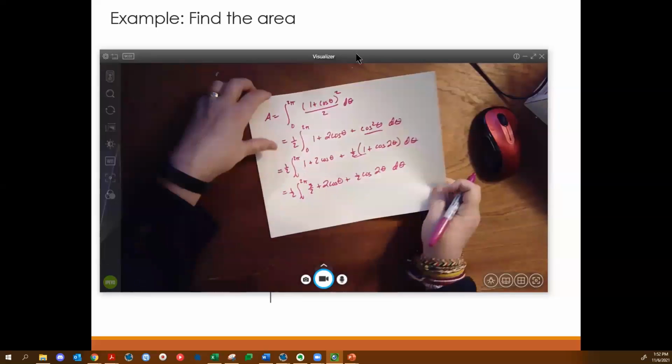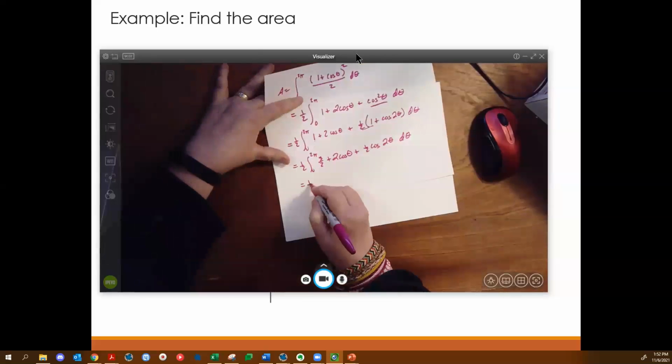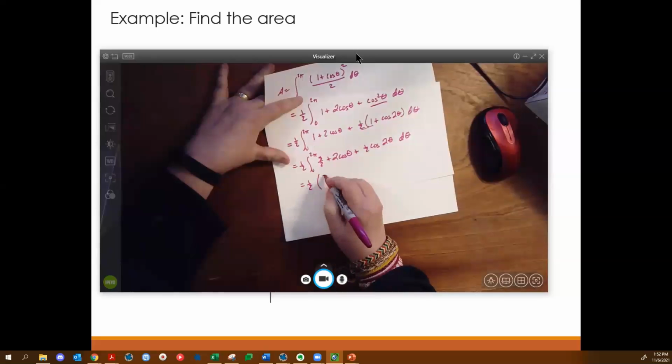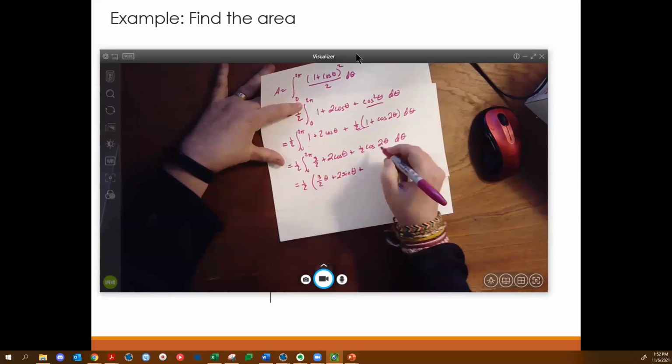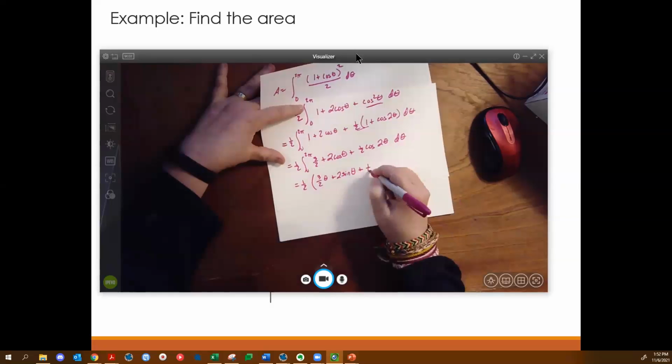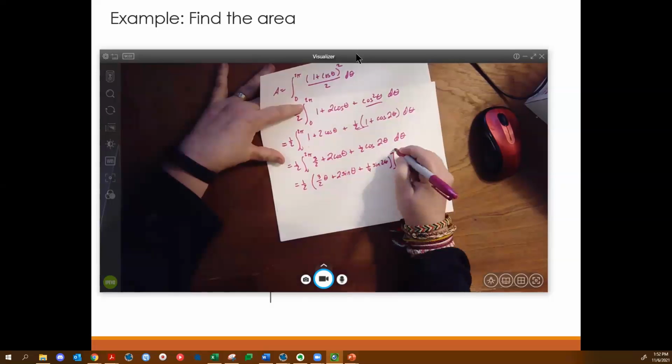Now I can integrate, and I have 1/2 times 3 over 2 theta plus the integral of cosine, so I have 2 sine of theta. Cosine of 2 theta, I integrate that, I have to divide by the 2, so I have 1/4 sine of 2 theta. And I'm taking that from 0 to 2 pi.